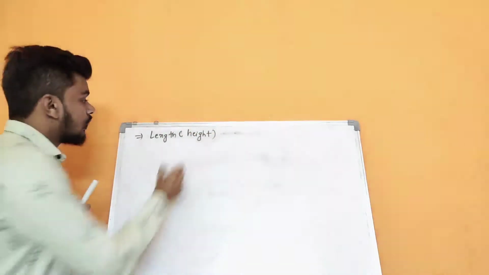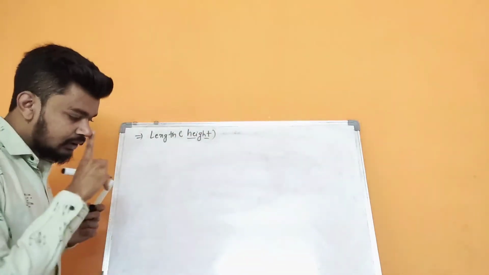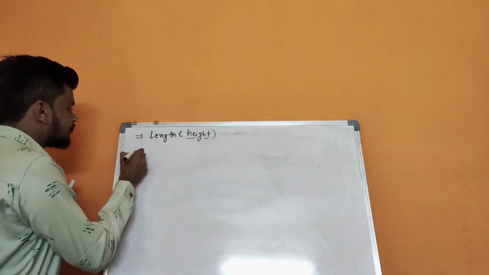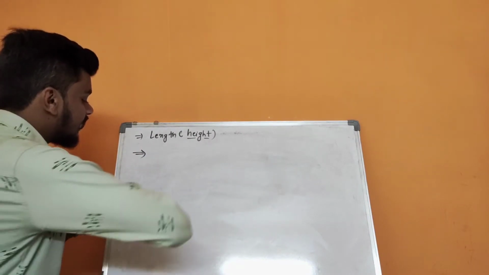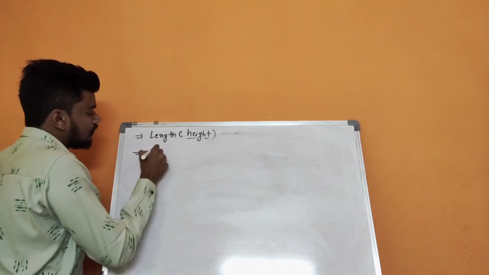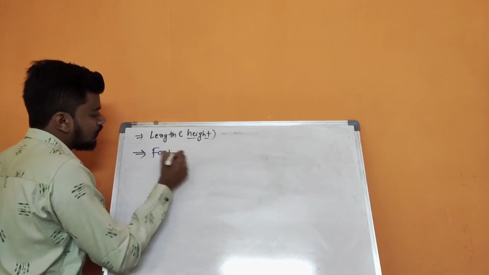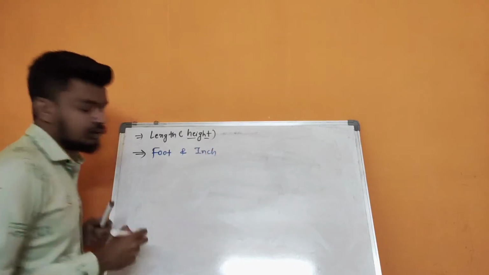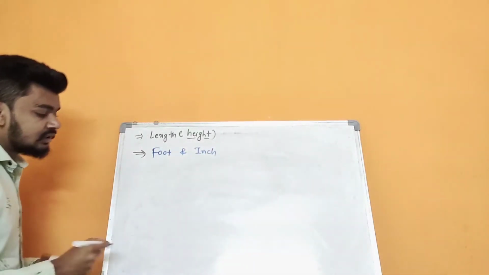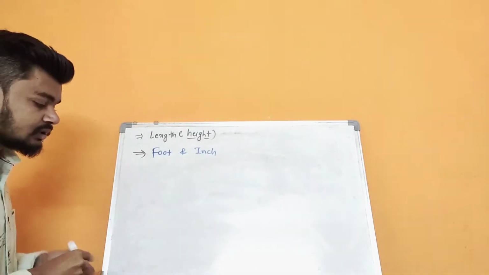For measuring length, there are two extra units, which are foot and inch. So what is a foot and what is an inch?